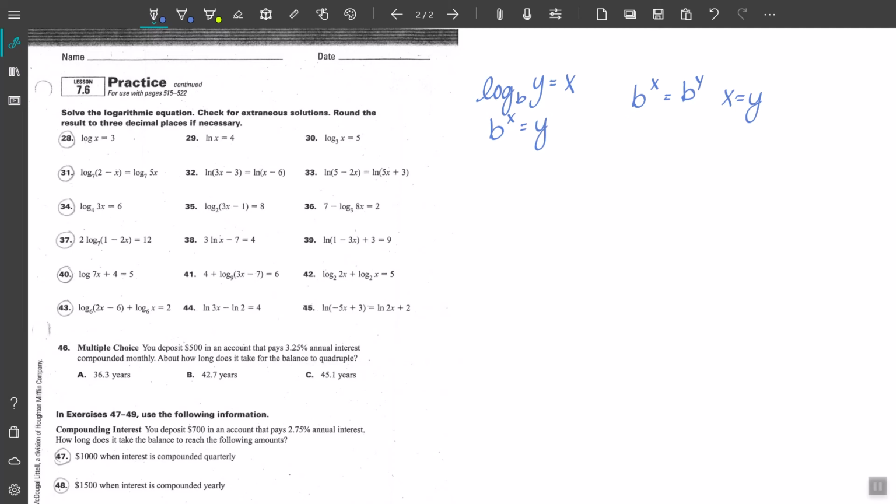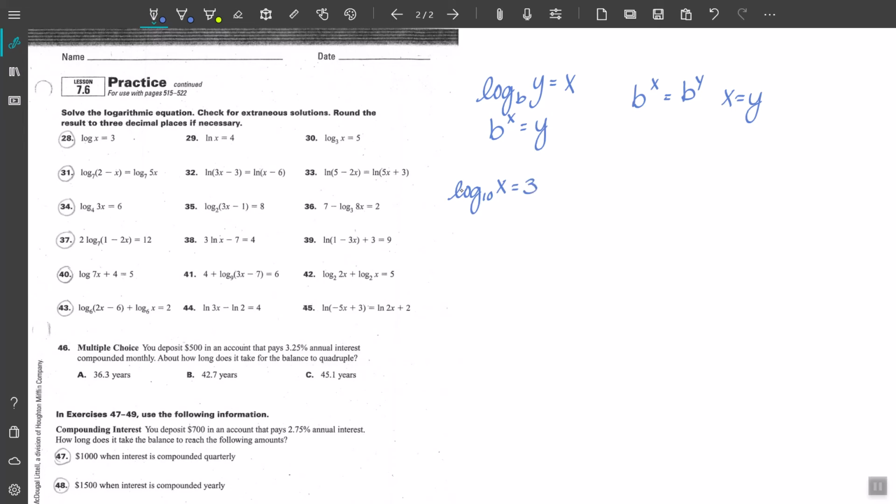So looking at 28, we have it in logarithmic form. We have to remember that when our base is not recorded, like in number 28, where there's nothing written down here in the base spot, that means it's base 10. We just assume it to be base 10. So I'm going to write the original problem out, but I'm going to slide the 10 in there just so we can see it.